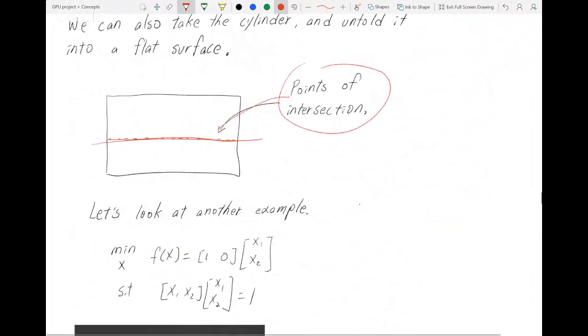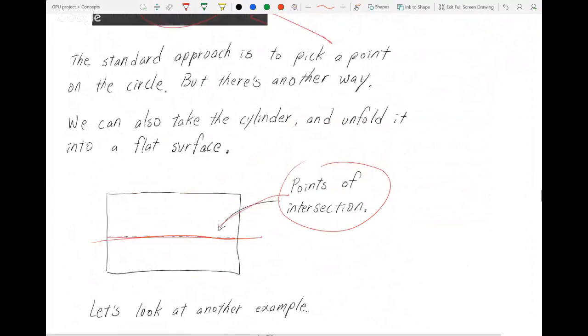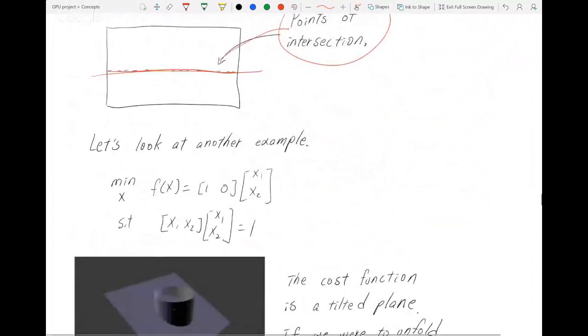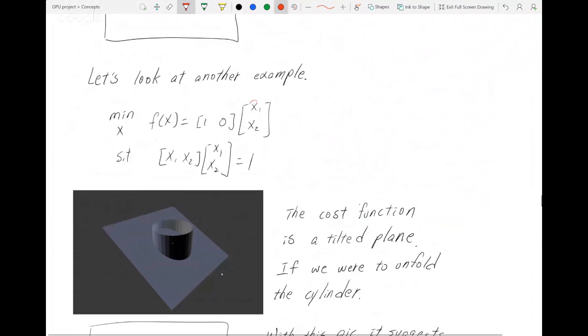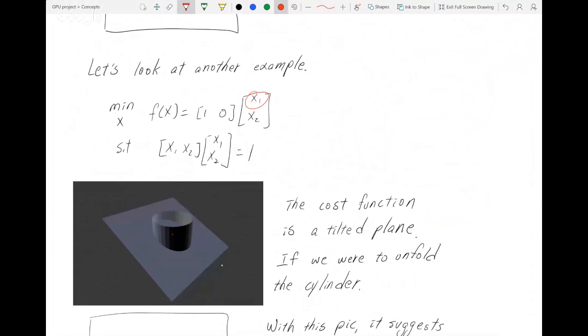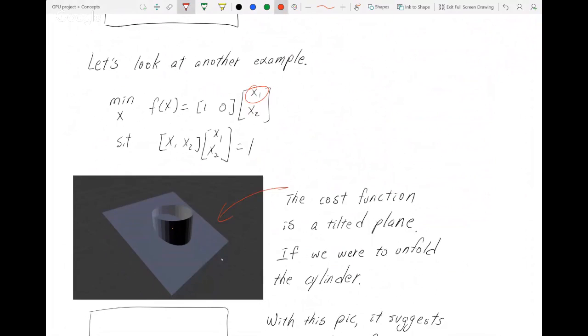Now, why do I want you to see it this way? Well, let's look at another example. Instead of 0, 0, now it's 1, 0. Okay? Which means that in one dimension, the x dimension, it's actually tilted. So as you can see, the plane is now tilted. Now let's try to do this same perspective shift.